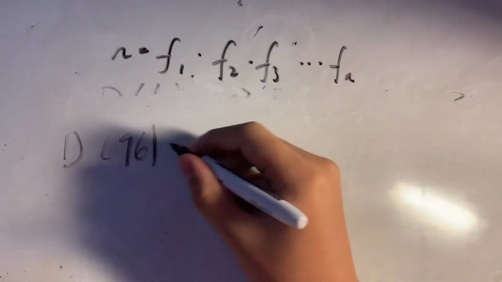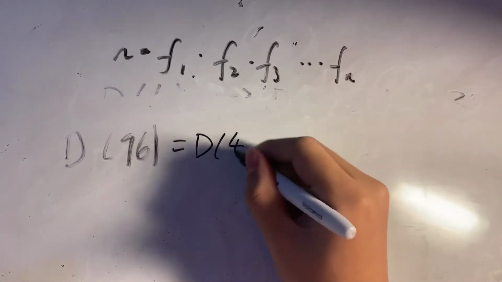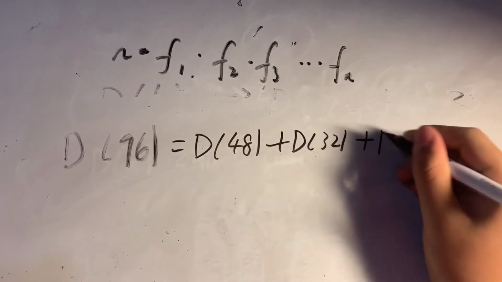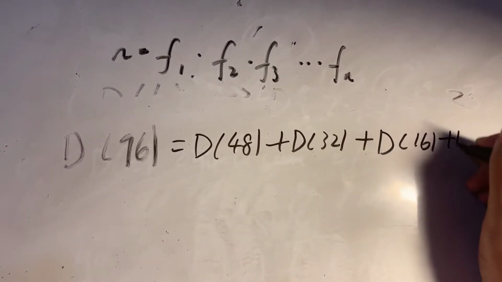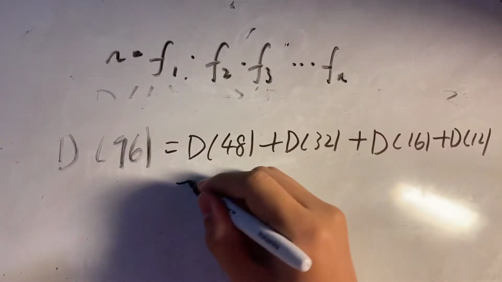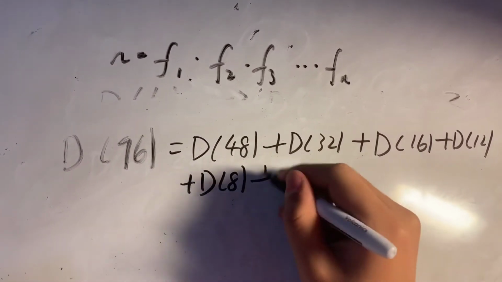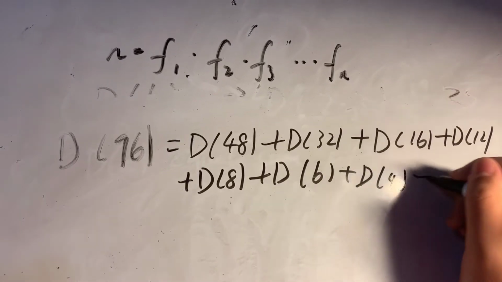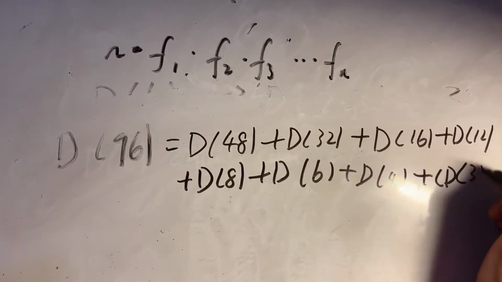We can list out all the divisors of d96, which is d48 plus d32 plus d16 plus d12 plus d8 plus d6, d4, d3, d2, d1.